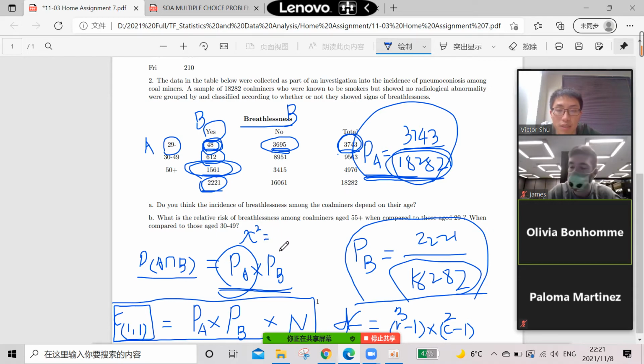Basically, that's your expected number minus the observed number, squared, divided by the theoretical number. So basically, it's C11. This is our calculated theoretical number under the assumption of independence, minus the actual observed number, which is 48, and I square it.